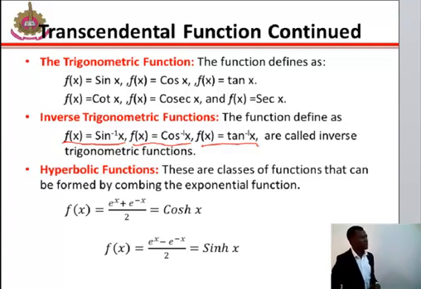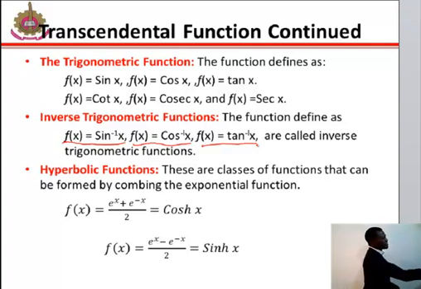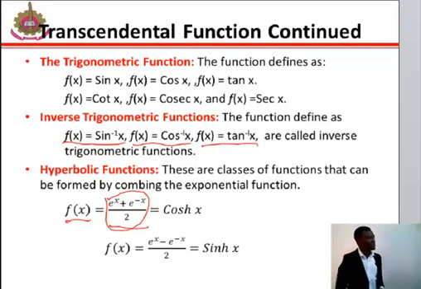Also, hyperbolic functions are classes of functions that can be formed by combining the exponential functions together. Take for instance, we have f of x equal to e to the x plus e to the minus x all over 2, just like we have here. And this gives us cosh x.